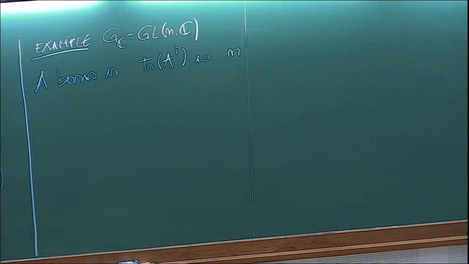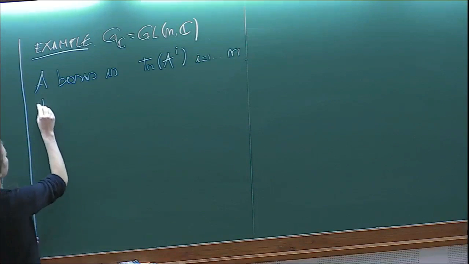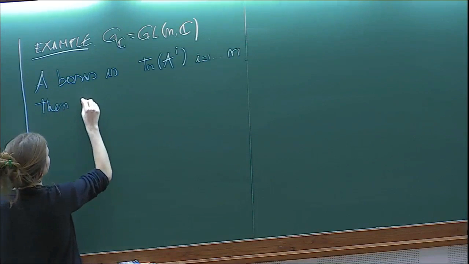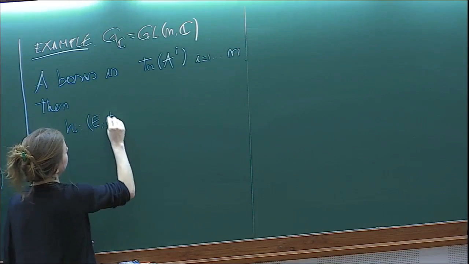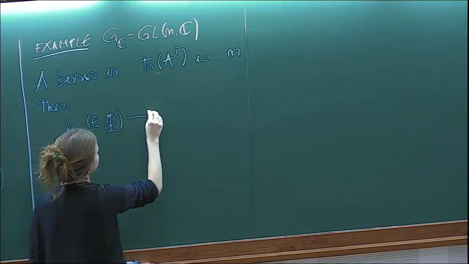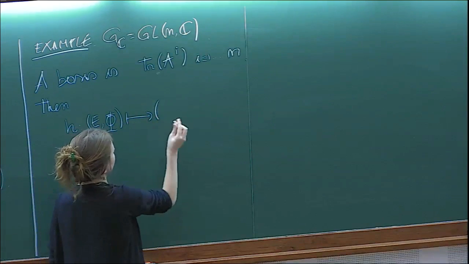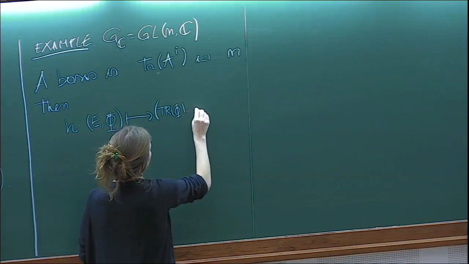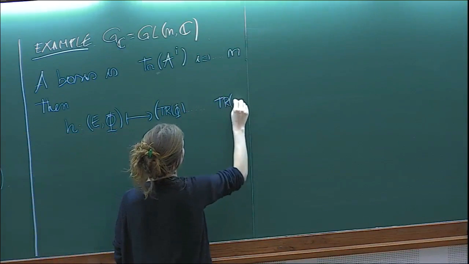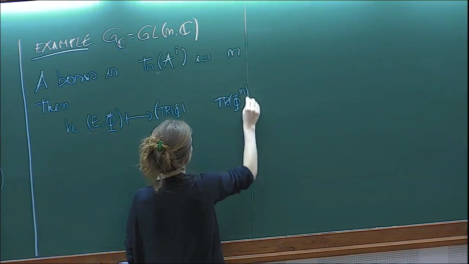So once we have the basis, we can apply that to our Higgs field. Then the Hitchin map H will send a pair (E, phi) to the trace of phi, up to the trace of phi to the n.